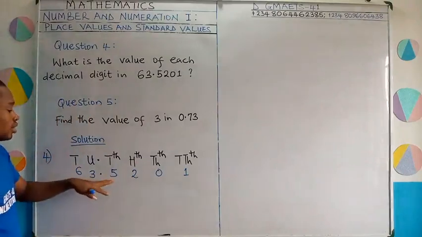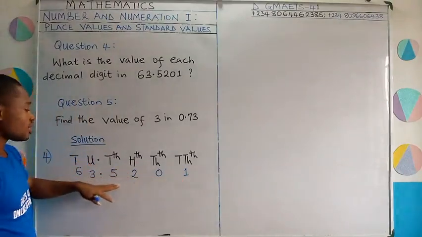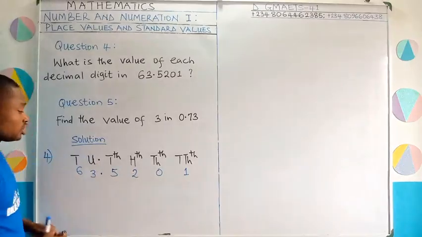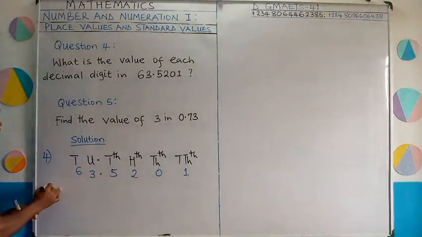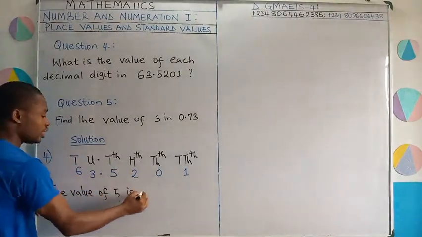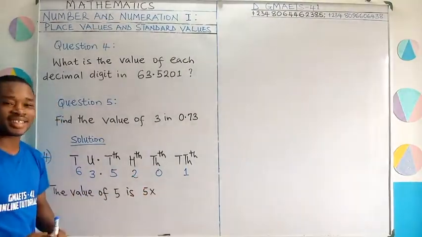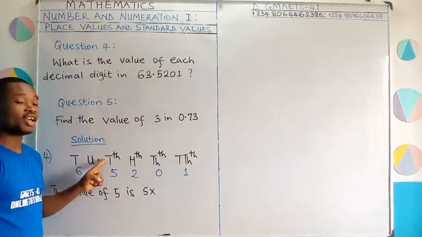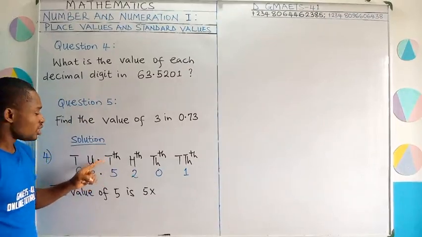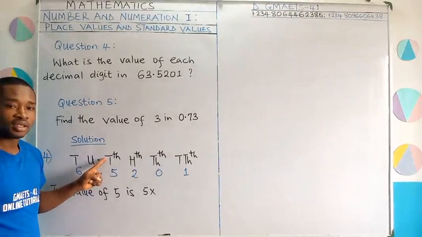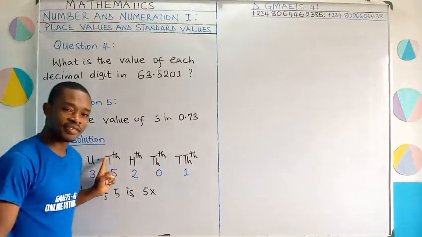My problem is to get the value of this decimal digit, so I'll start with 5. The value of 5 is 5 times the standard value of the place value of 5. The place value of 5 is tenths. What is the standard value?